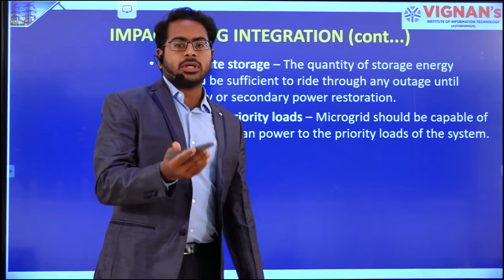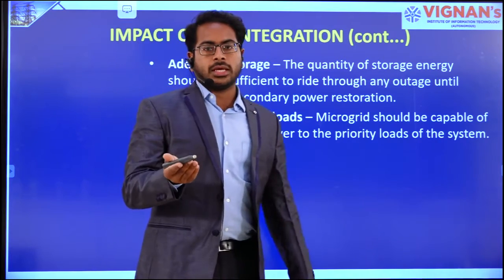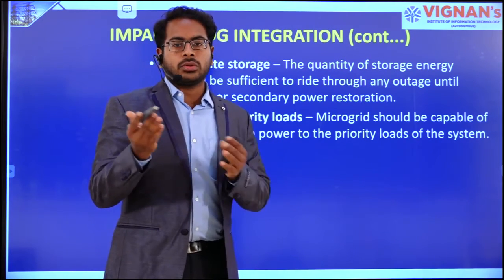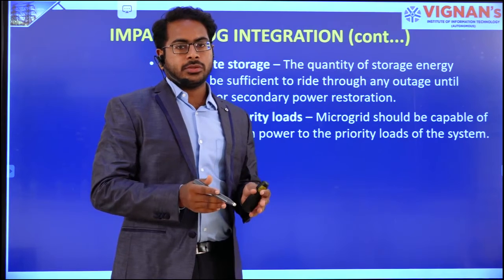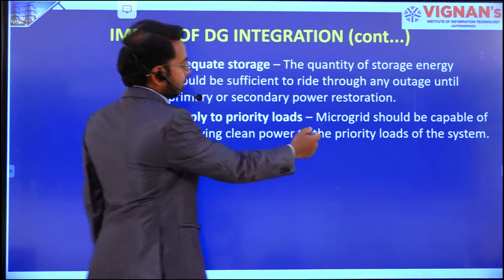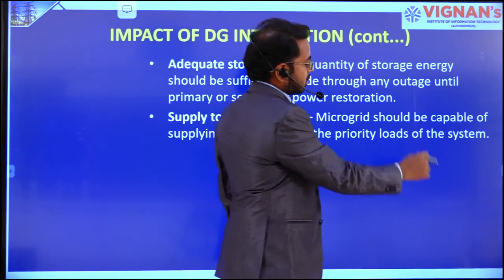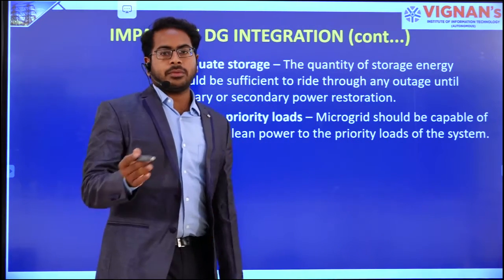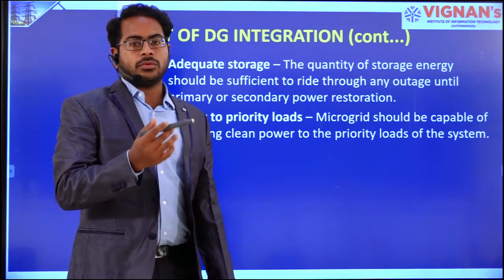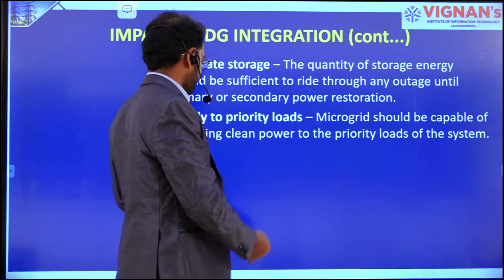First, we have to give priority to the priority-wise loads, like we have to give high priority to the hospitals. So the hospital must get uninterrupted power. So the microgrid should be capable of supplying clean power to the priority loads of the system. In a system, we have priority. We have to make the loads prioritized. In that priority-wise order, we are supposed to supply.